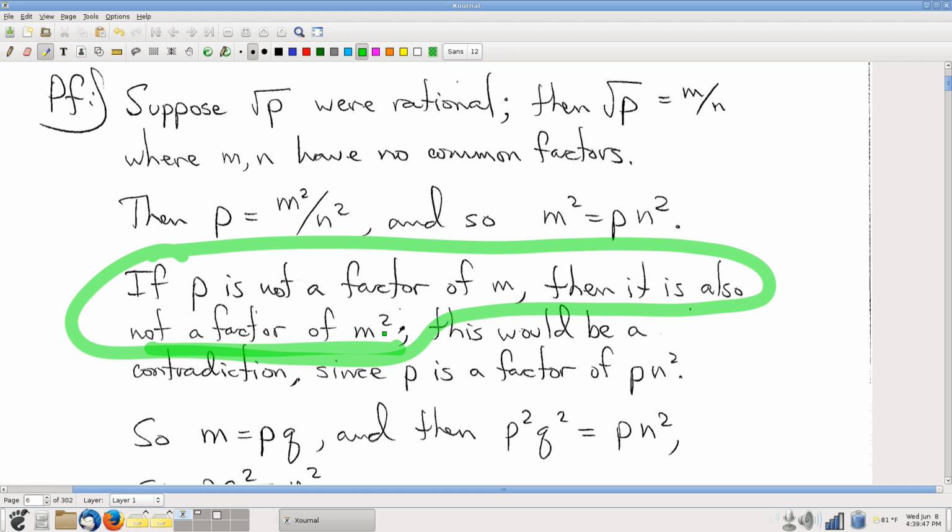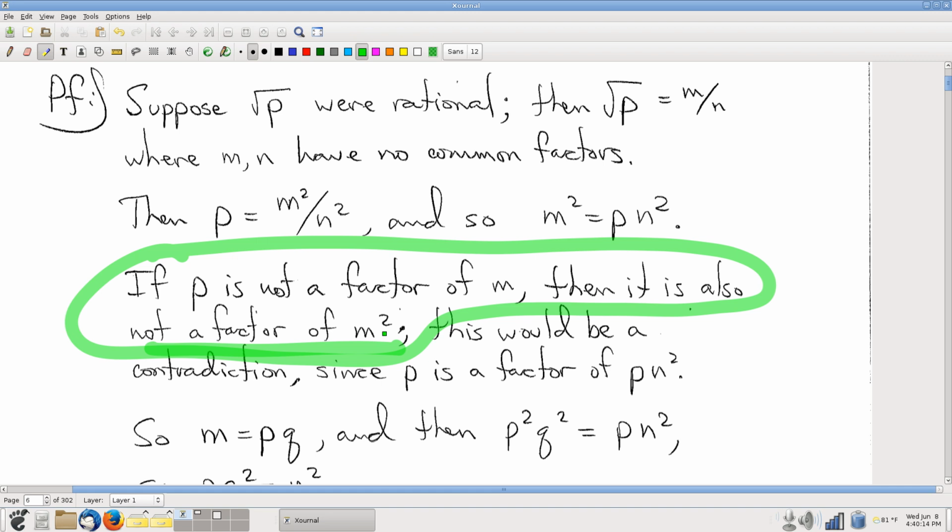If you think that through a little bit, you realize that p does have to be prime for that to be the case. So let's think about p being 9. Well, 9 is not a factor of 15.